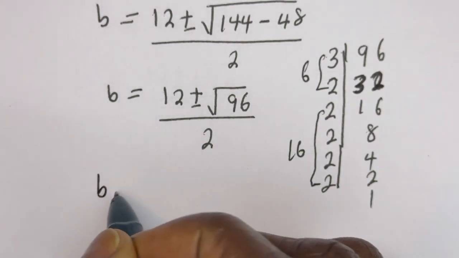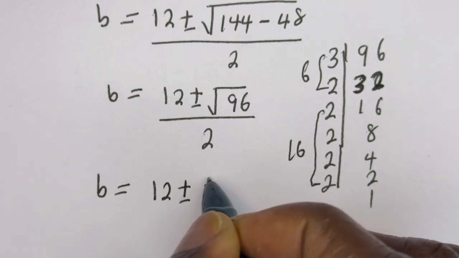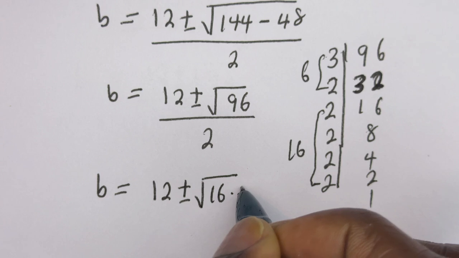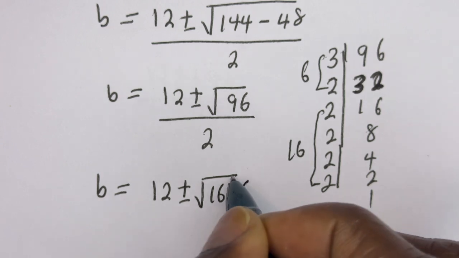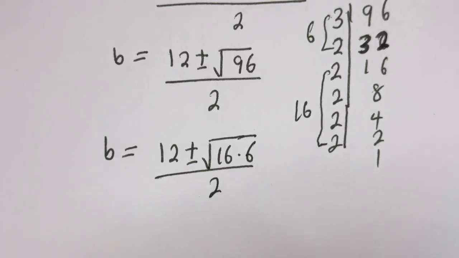b is equal to 12 plus or minus square root of 16 multiplied by 6, divided by 2.